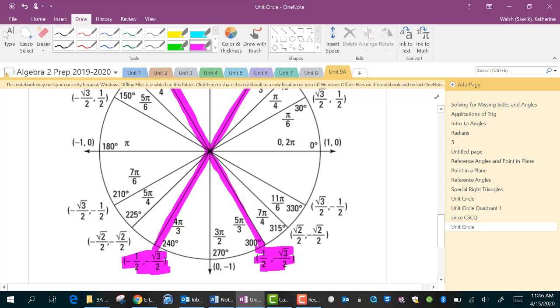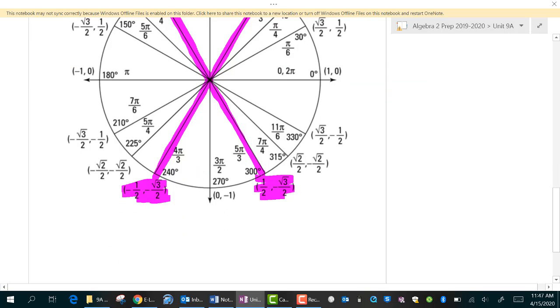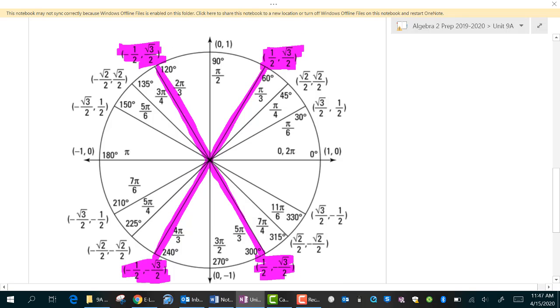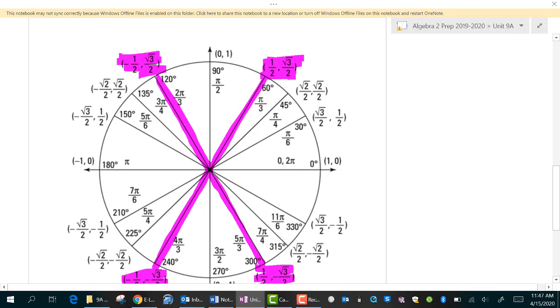So let's recap here and really figure out our signs. We focused a lot on the signs changing. Well, in quadrant 1, the top right over here, because we are going to the right and then up, your x is always going to be positive, your y is always going to be positive. In quadrant 2, you would go to the left and then up. So that means your x coordinate is always going to be negative, your y coordinate is always going to be positive.